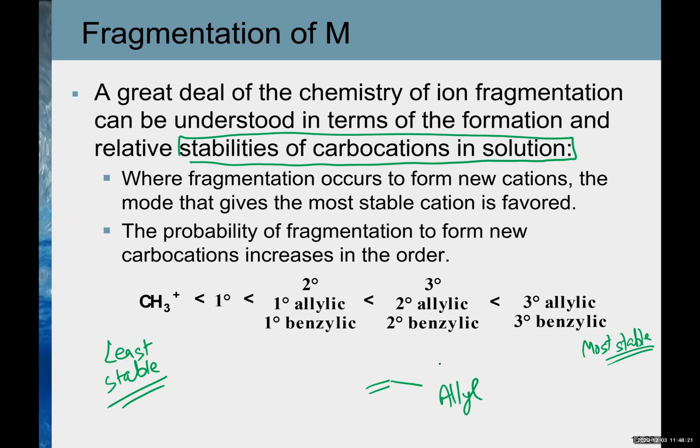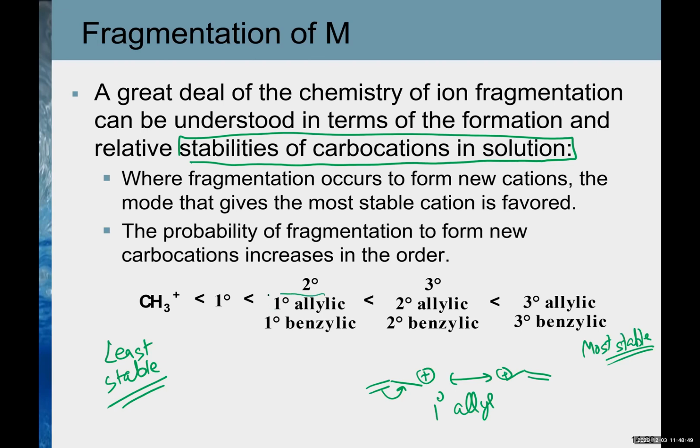So whenever we have a cation at the allylic position, this is a cation at an allylic position. So this is pretty stable, but this one is primary allyl. Why is it stable? Because it shows resonance. And we know that resonance makes things better. So that's why allyls are stable.